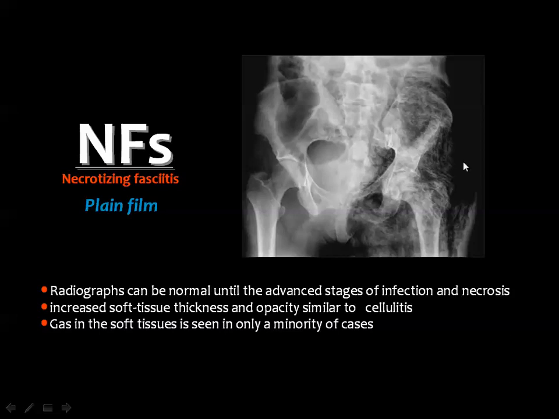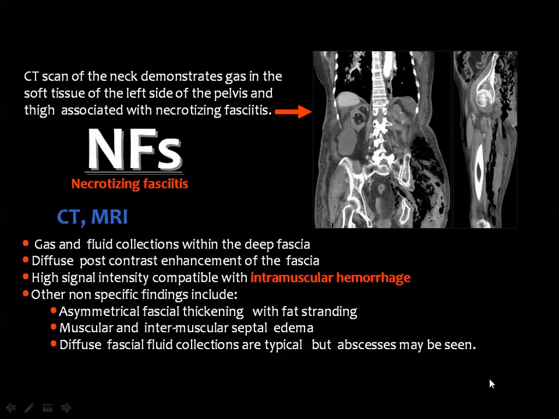But many times this is a late appearance of necrotizing fasciitis. There is, of course, maybe very edematous soft tissue swelling seen by the plain film, but the CT and MRI will show the extensive intramuscular gas shadows, which are also seen in the subcutaneous area and can extend into the deep soft tissues.